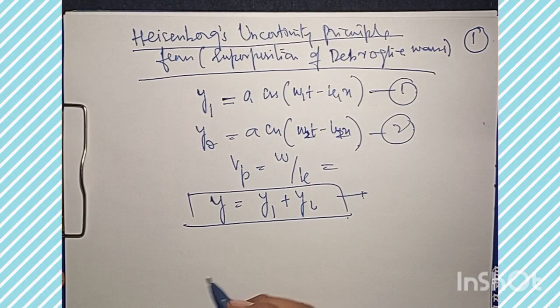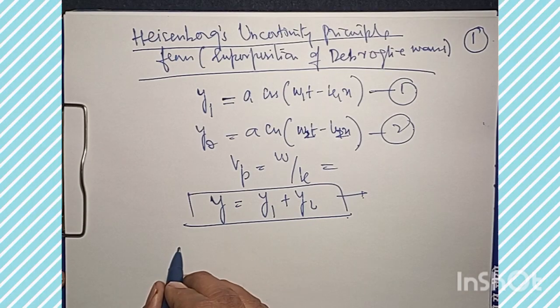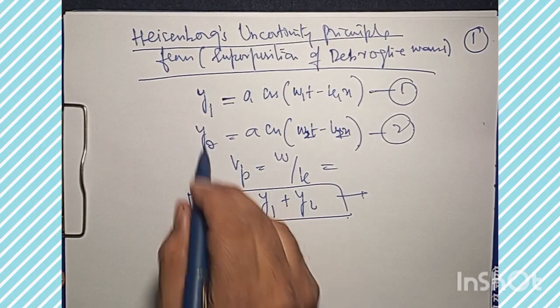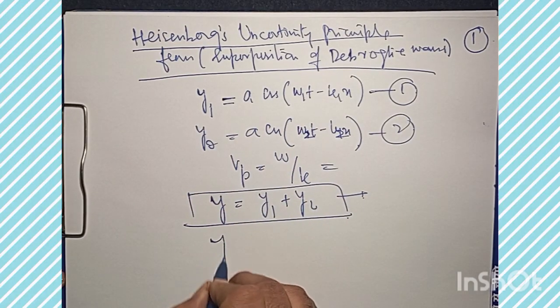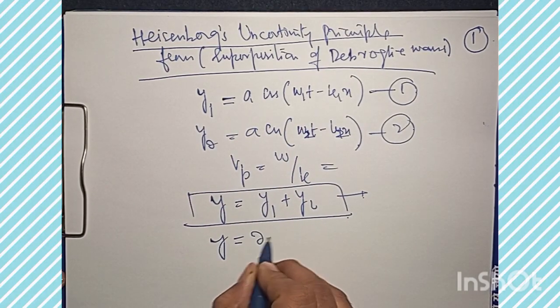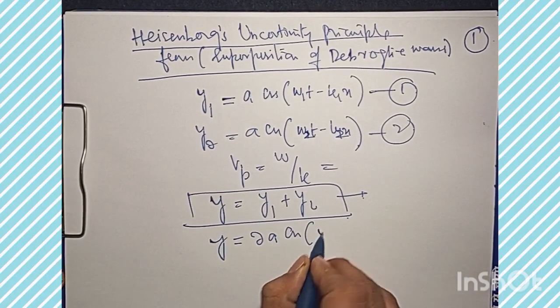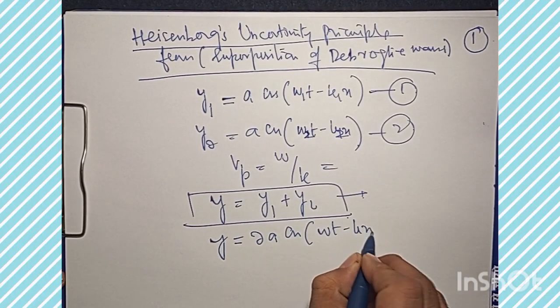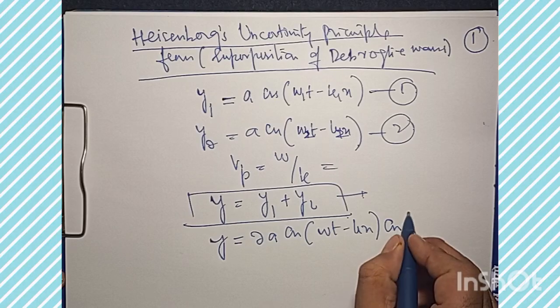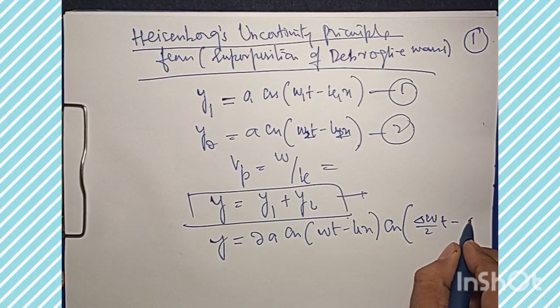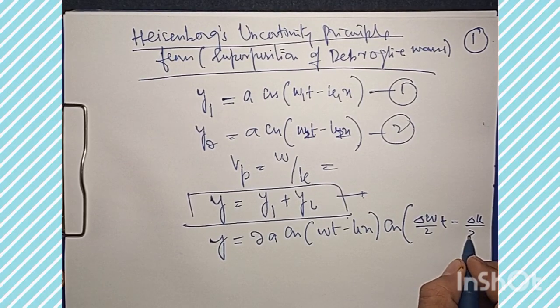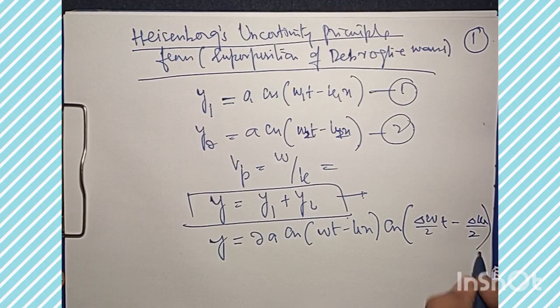If you rightly remember, the final solution by solving these two equations was y equal to 2a cos(omega t minus kx) times cos(del omega by 2 t minus del k by 2 x).